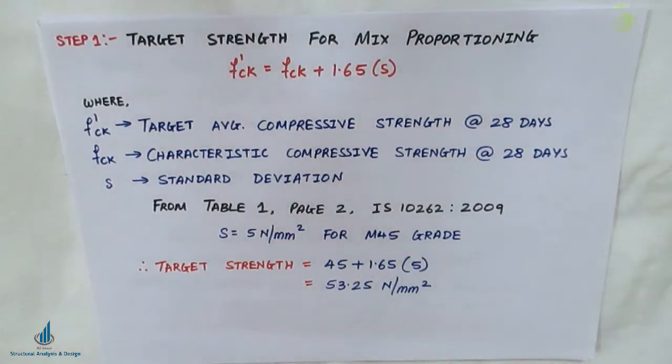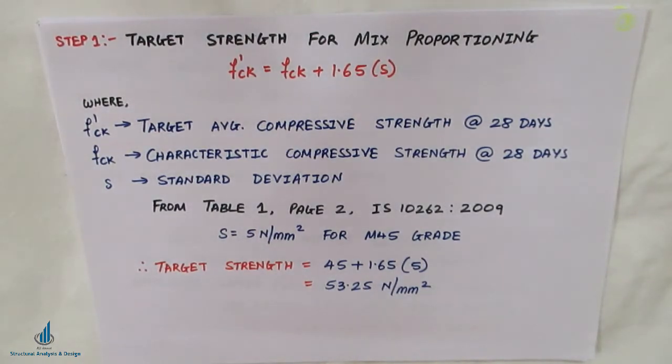The first step in the concrete mix design is target strength for mix proportioning. If you go through my previous video, I have explained what is target strength and what is standard deviation. In this step we will get F-CK dash, which is the target average compressive strength at the end of 28 days of curing.